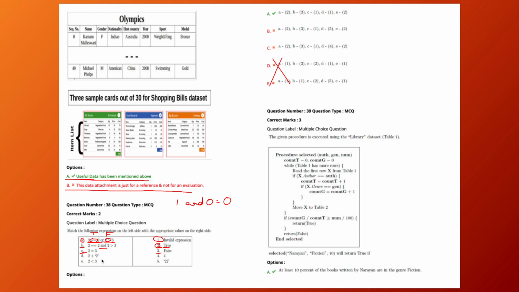Now your option D says 2 plus, that means an integer 2 plus a string value of 2. So it means that we are going to pass 2 as a string value and try to append it to this particular integer 2. But again, you know that you can only do addition operations on like variables.